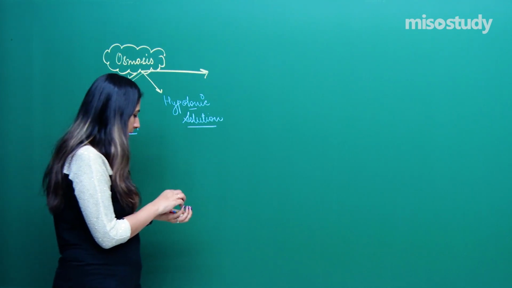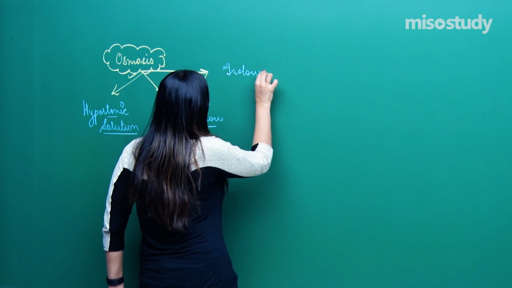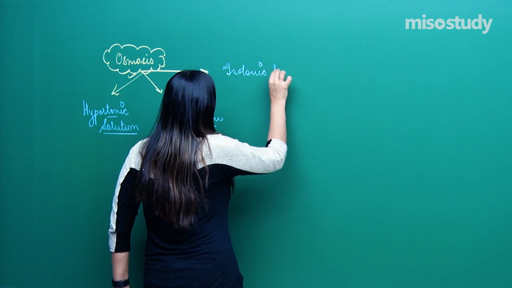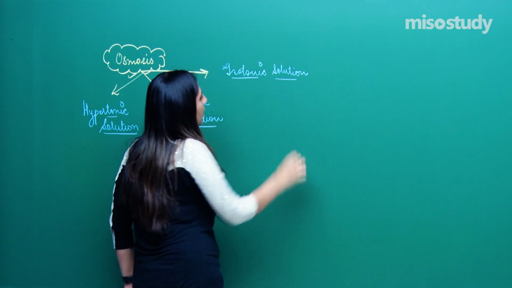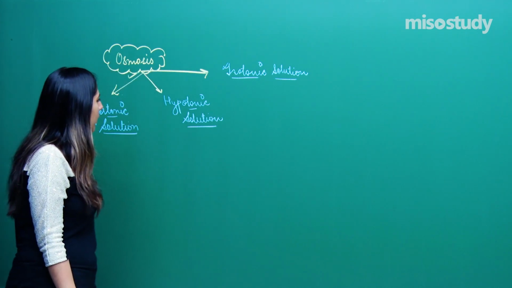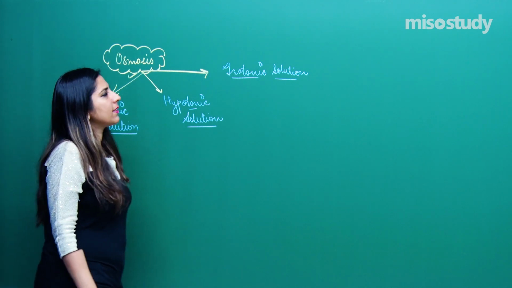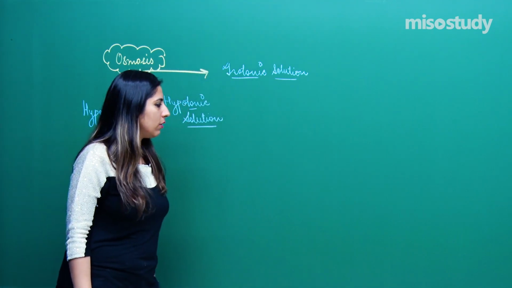Let's talk about the third type, called the isotonic solution. Isotonic solutions are those solutions which have the same osmotic concentration with respect to each other, right? So these are the different types of solution: hyper, hypo and isotonic.